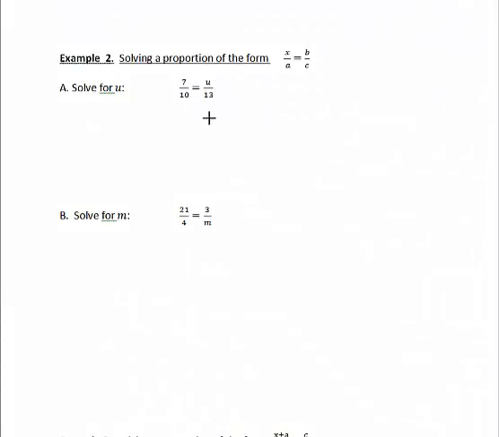So with example 2, that's exactly what we'll do. We confirm that we have one fraction on the left side of the equation and one fraction on the right, and now we proceed in cross multiplying. So we would bring down our equal sign first, and then on one side of the equation write 7 times 13, and on the opposite side 10u.